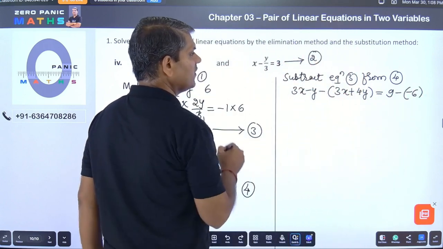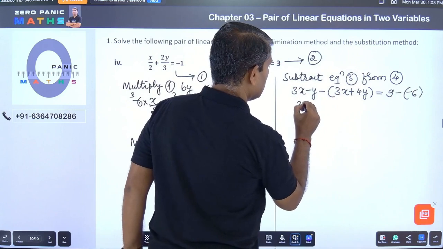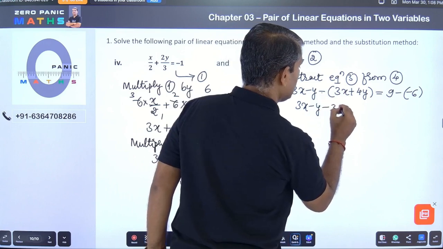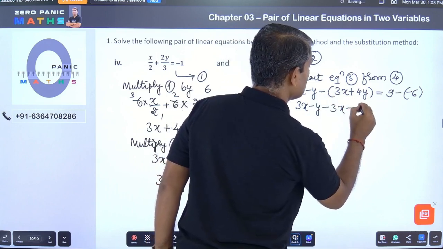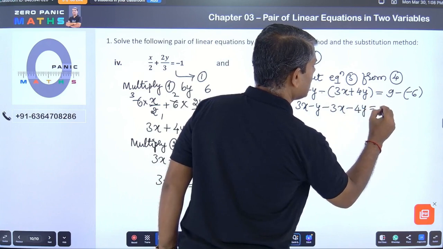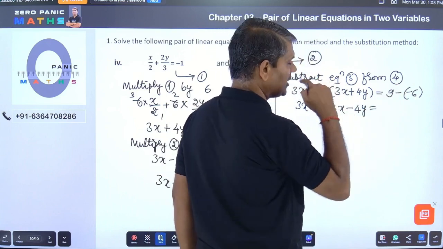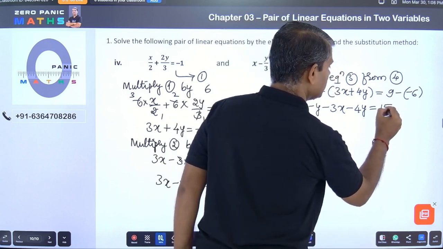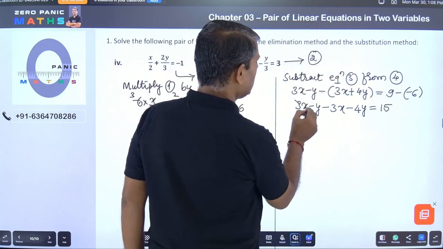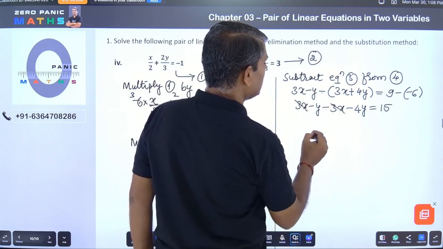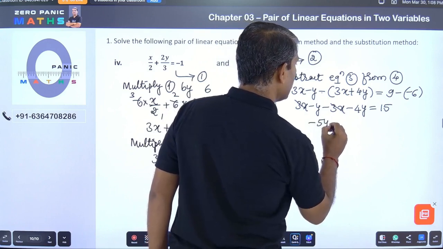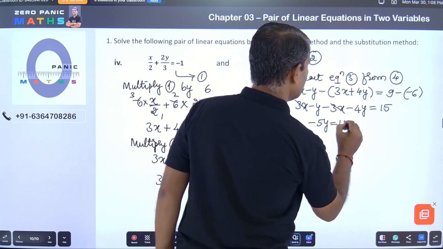Okay, that is the reason we need to write that. 3x minus y minus 3x minus 4y is equal to minus of minus, that is plus, 9 plus 6, that is 15, right? Okay, 3x got cancelled, and what remained here is minus 5y is equal to 15.